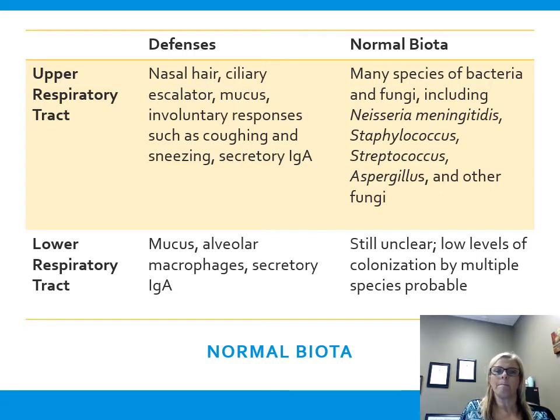So normal biota, remember, are going to be antagonistic and make the area inhospitable for other microbes. They take up space, so they take up housing, they take up food, and sometimes they produce certain things in their metabolism that are unfavorable towards other species.